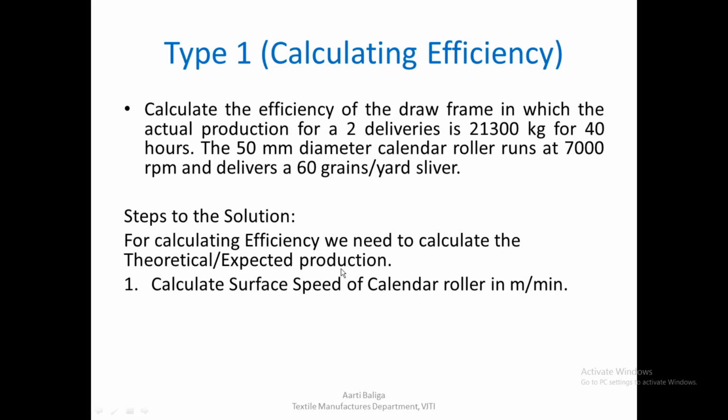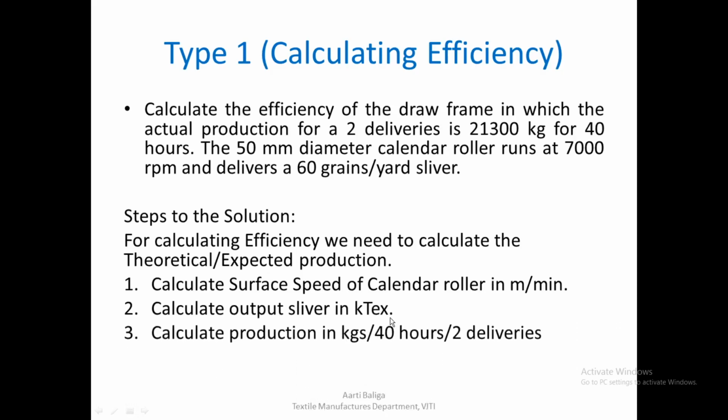Then we calculate the output sliver in kilotex, and then calculate the expected production in kgs for 40 hours and 2 deliveries, since we have been given the data of actual production for 2 deliveries for 40 hours. To match this we need to calculate production in the same unit, and then we will be able to calculate efficiency.